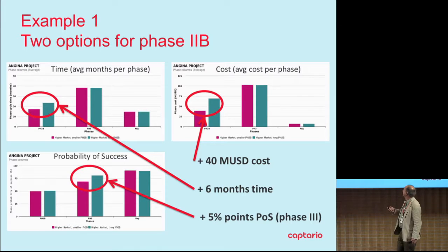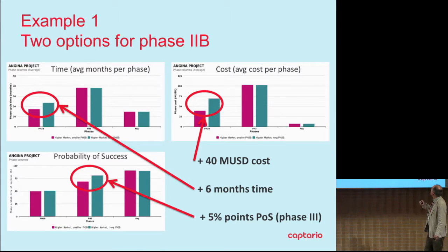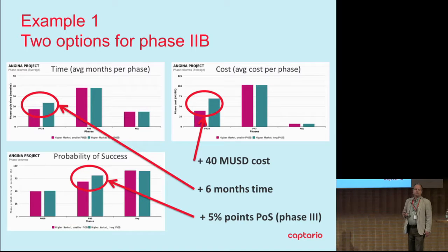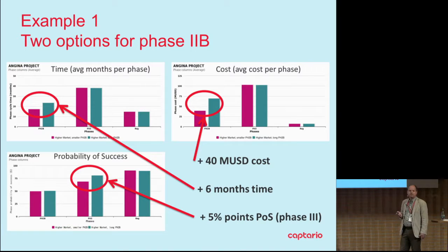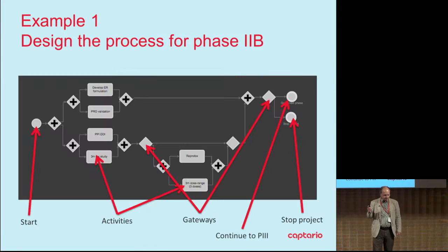So in this case, the green option here, which is the team's alternative, is $40 million more expensive. It takes 6 months longer to run, but then we get the increased probability of launch. Which one should we choose?